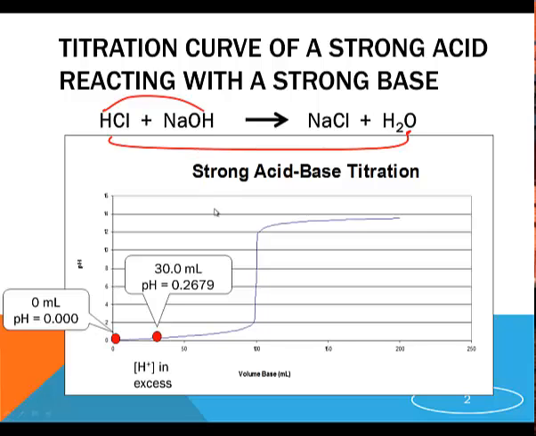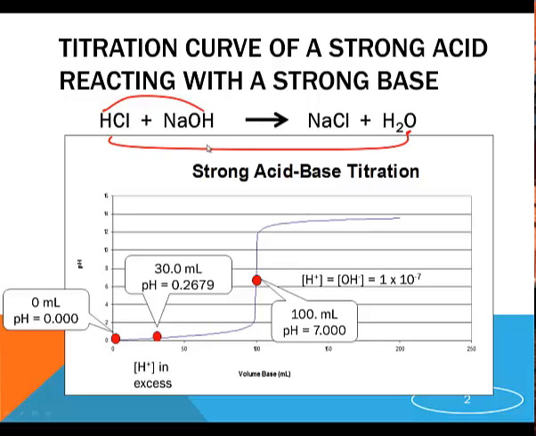The next thing we did was we added 100 mLs of sodium hydroxide. It's of equal concentration, 1 molar. So since we had 100 mLs of 1 molar sodium hydroxide, which is being added to 100 mLs of 1 molar hydrochloric acid, that represented the equivalence point.